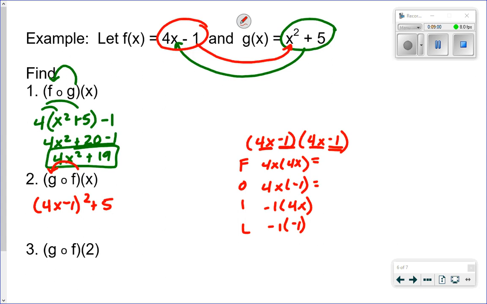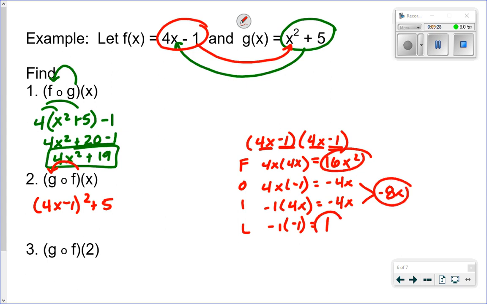Now we need to multiply and simplify. 4x times 4x is 16x squared. 4x times negative 1 is negative 4x. Negative 1 times 4x is negative 4x. Negative 1 times negative 1 is positive 1. Now if we do this right, the O and the I can be combined. Negative 4x plus negative 4x is negative 8x. So I've got 16x squared minus 8x plus 1.